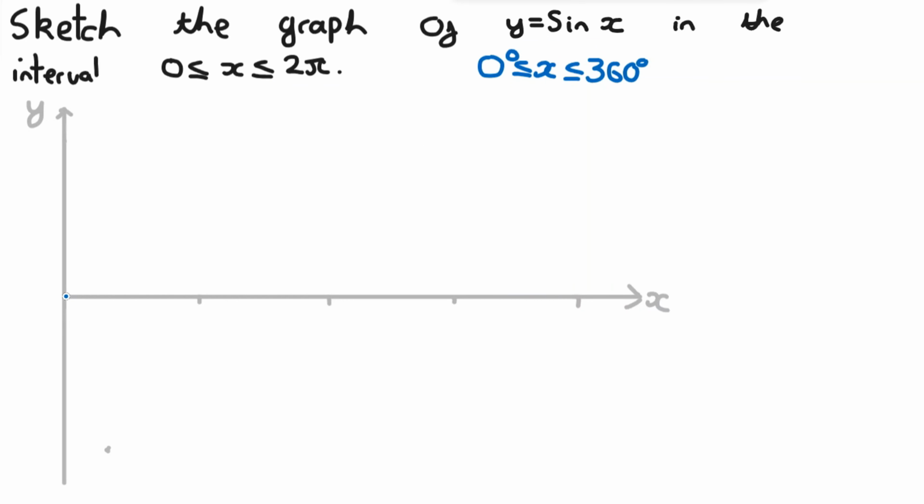Remember, it starts from 0 and then comes up like this, and then comes down to 0, and then it goes negative like this, and then comes back up to 0 here.